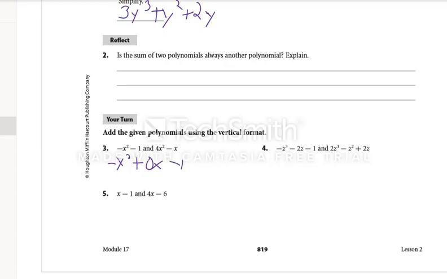And then we have 4x squared and minus x and then plus 0. So add the coefficients, 4x squared and a negative x squared, that's 3x squared. And 0x minus x is minus x, and negative 1 plus 0 is minus 1. Alright.